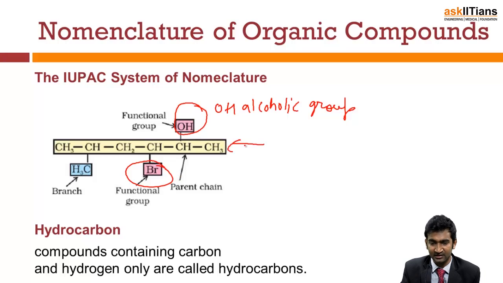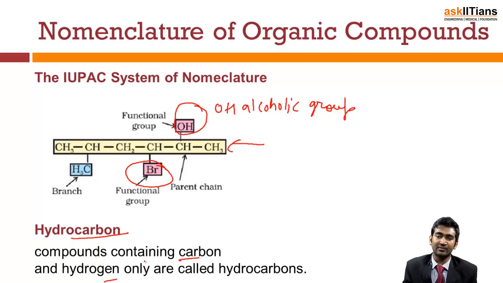And this big chain is your parent chain. So what is actually the parent chain? That chain which has the most number of carbon atoms clubbed together is my parent chain. Hydrocarbons are compounds which contain carbon and hydrogen, that's it.